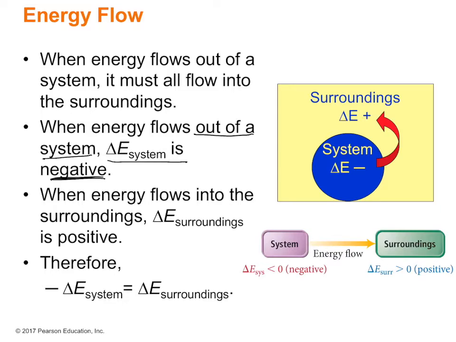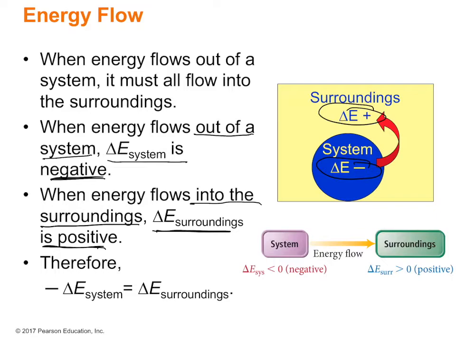When energy flows into the surroundings, the energy of the surroundings is positive. I'm subtracting from my system, but I'm adding to my surroundings. Therefore, the energy of the system is going to be negative, and the energy of the surroundings is going to be positive.